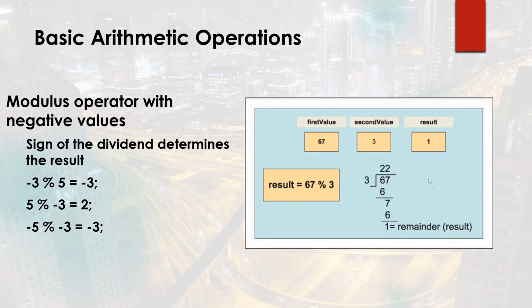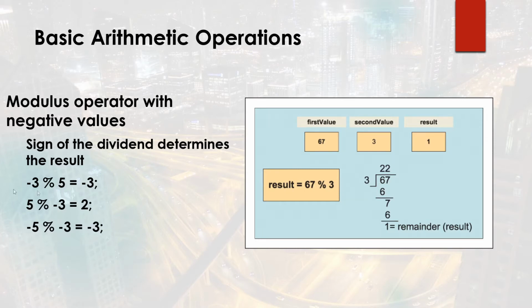And in that mathematical situation, if you take 3 and divide it into 67, the answer would be 22. But the remainder is 1. So that would be the result of asking this question. What would go in result would be the number 1. Hopefully that makes sense to what you're looking at.